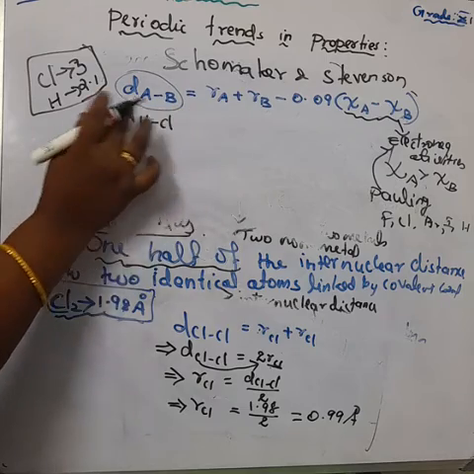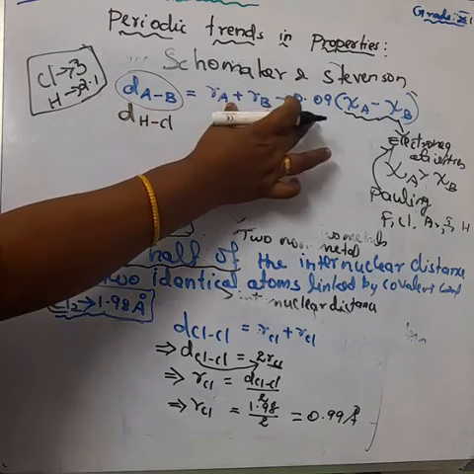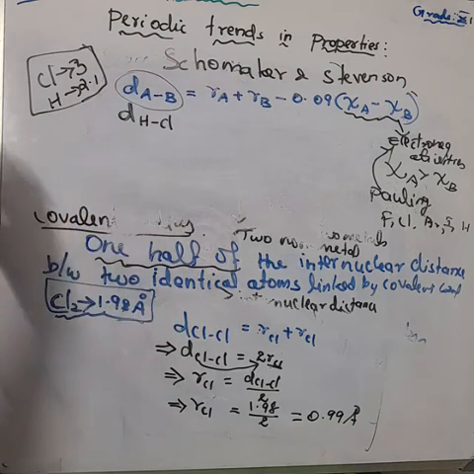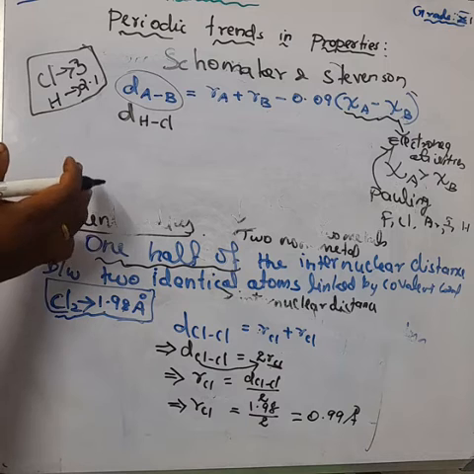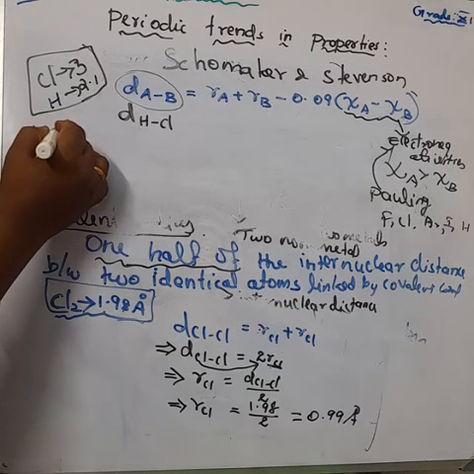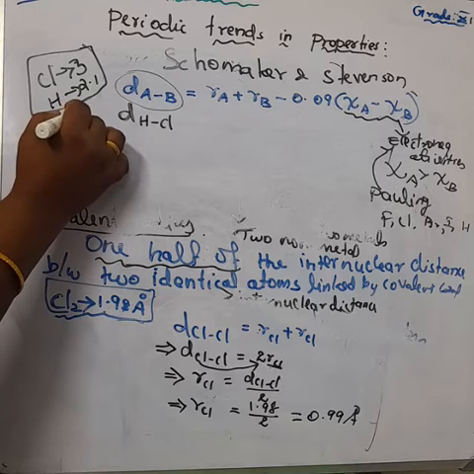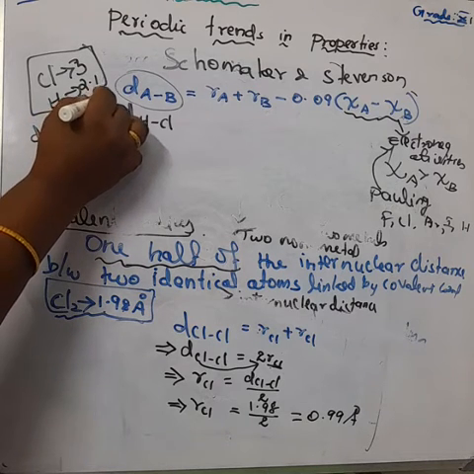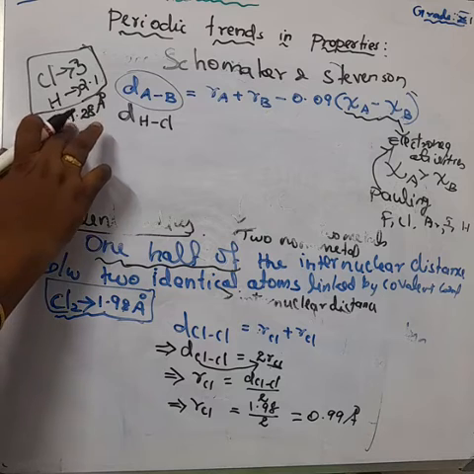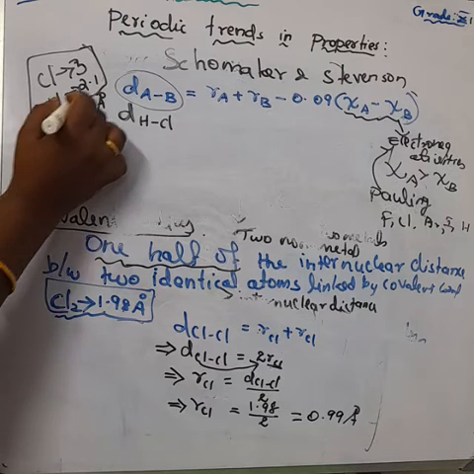Experimentally it has already been proved that the internuclear distance between hydrogen and chlorine is 1.28 Angstrom. That is the D_AB value, 1.28 Angstrom.